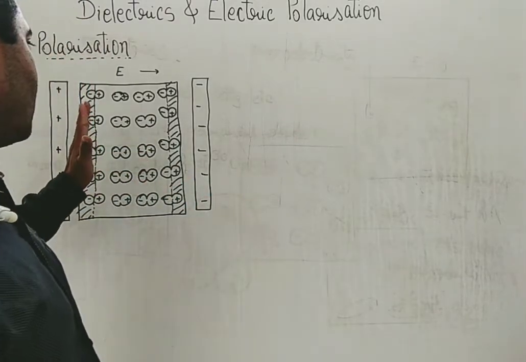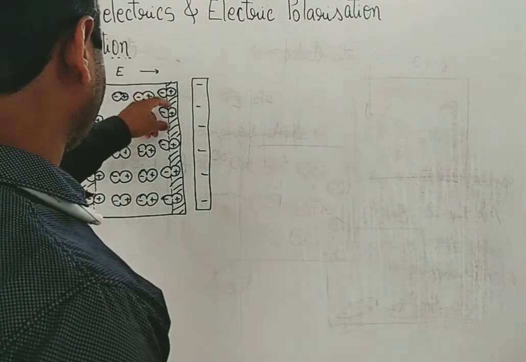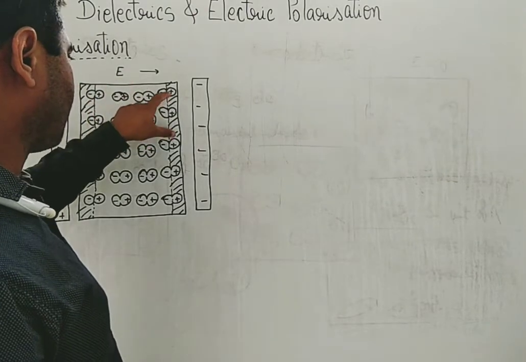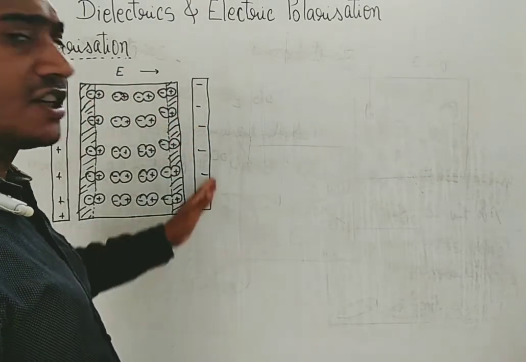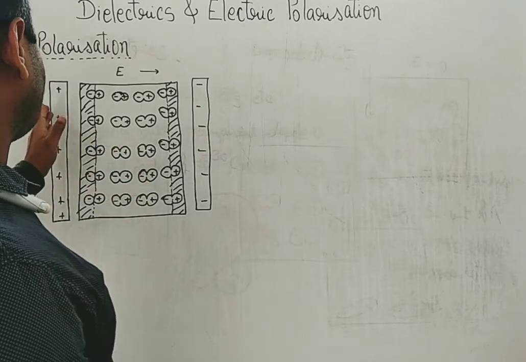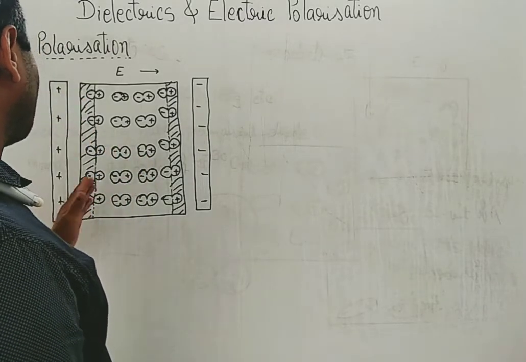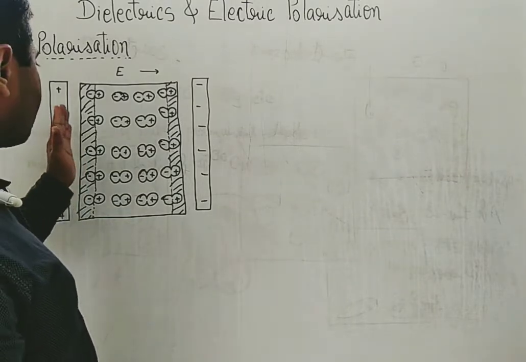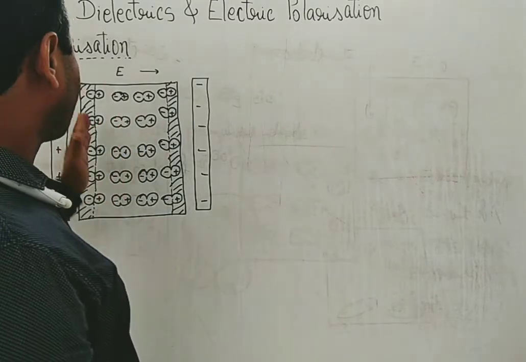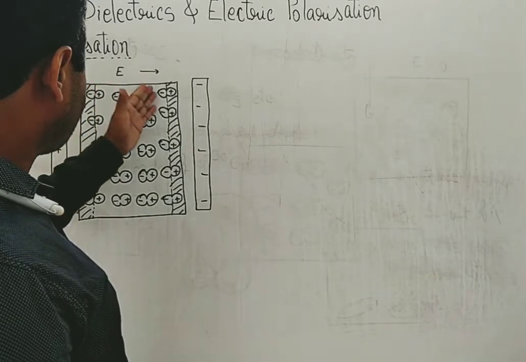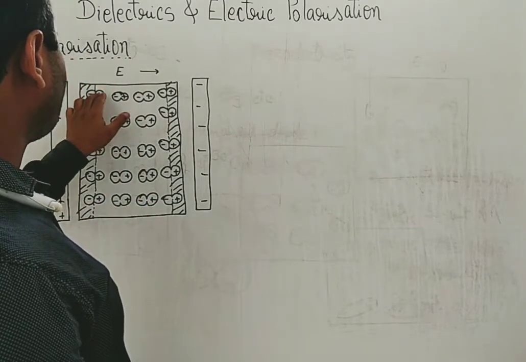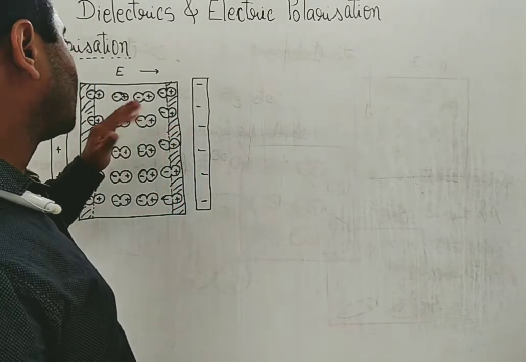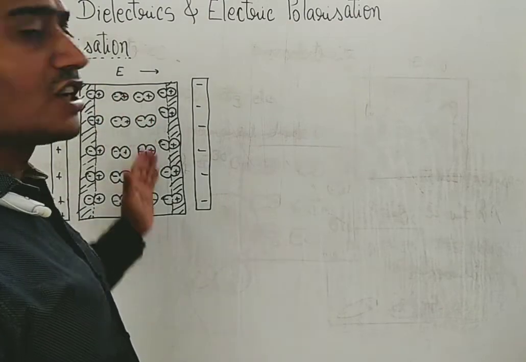Now as can be seen, the positive end of this dielectric specimen, close to the negatively charged plate, and the negative end to the left of this specimen, close to the positively charged plate, remain uncancelled, and here within the middle region every charge will get balanced, will get neutralized by the next neighboring charge.